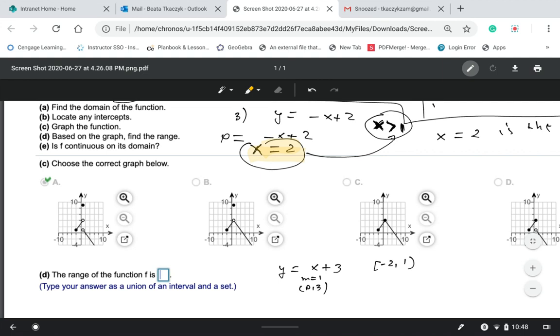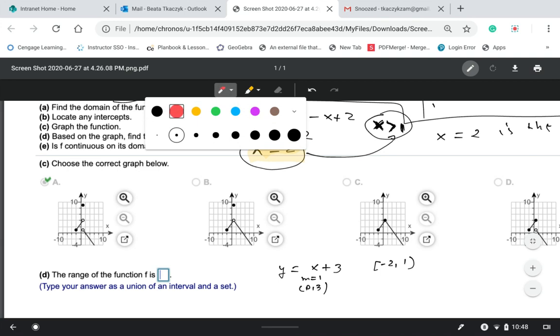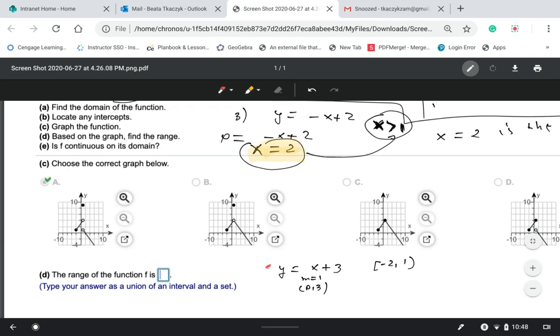To graph the first one, I will just use red. I will locate the point (0, 3), and the slope is 1, which means I will go 1 up, 1 to the right. Or you can do 1 down and 1 to the left.